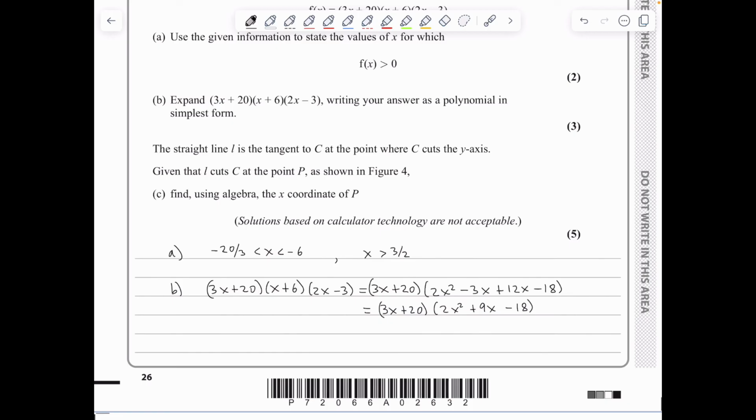And I'll do a further expansion to get 6x cubed plus 27x squared minus 54x plus 40x squared plus 180x minus 360, which leads to 6x cubed plus 67x squared plus 126x minus 360. That's the expanded polynomial in its simplest form.